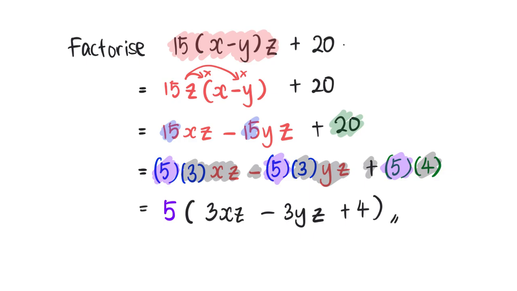And we have successfully factorized this expression into the factors 5 and the other factor is the whole bracket 3xz minus 3yz plus 4. Alright. So let's continue to the next part of the question.